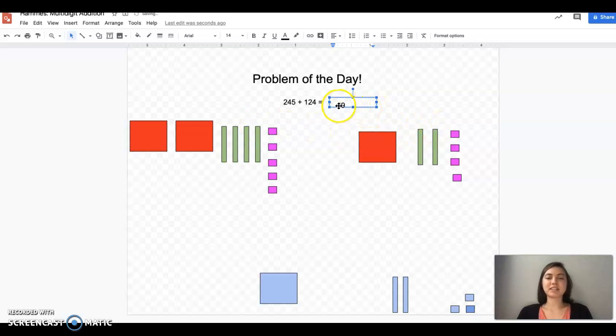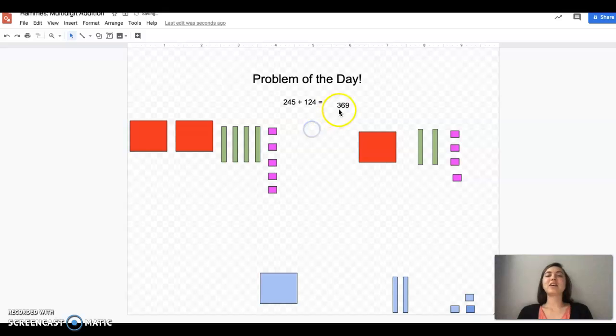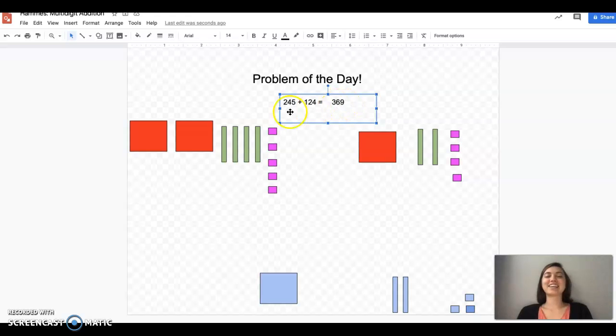Okay, there's my 6 that I just added. Now the hundreds place right here. How many hundreds am I going to have in total? 1, 2, 3. 3 hundreds. So, 245 plus 124 equals 396. 3 big red hundreds, 6 long, tall green rectangles, 9 pink little squares.